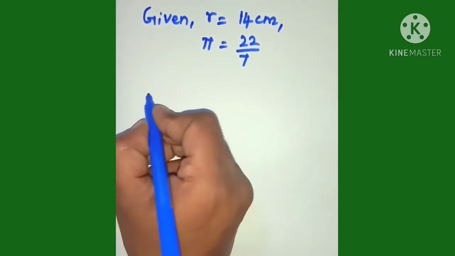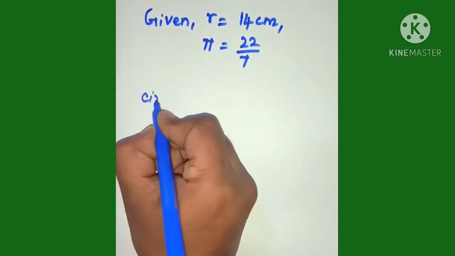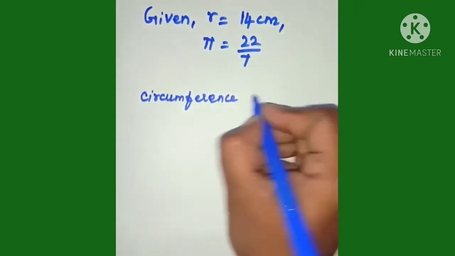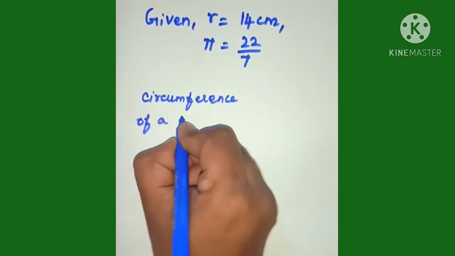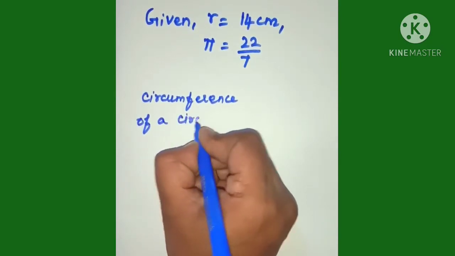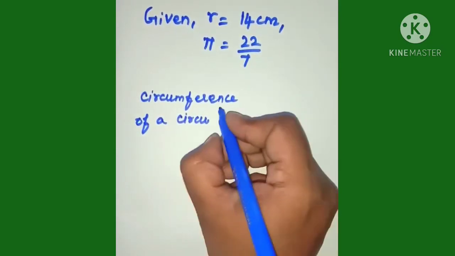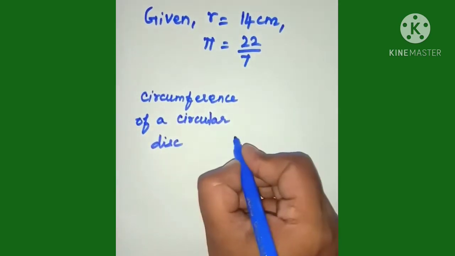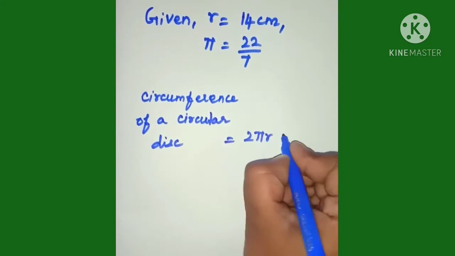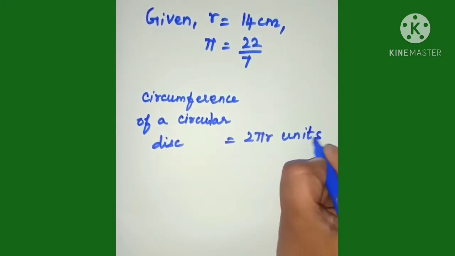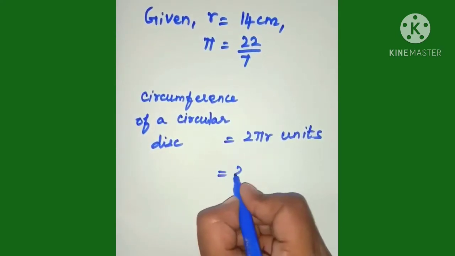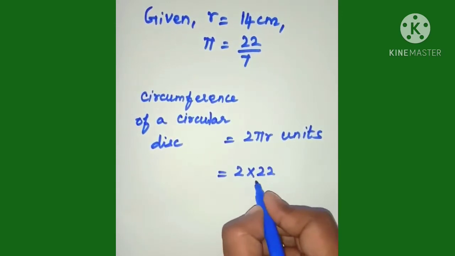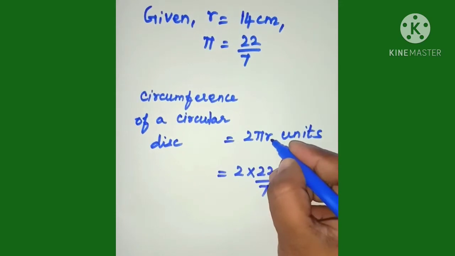So the circumference of a circular disc is equal to 2 pi r units. Now 2 into pi, which is given as 22 by 7, and what is the value of r?